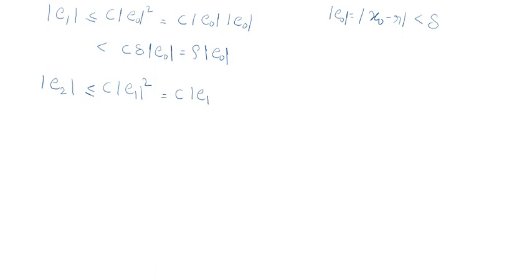So this implies it is less than or equal to c rho square times mod of e naught square. This you can write as c times rho square times mod e naught times mod e naught. Mod e naught is less than delta, so c times delta is again less than or equal to rho. So it equals rho cube times mod e naught.